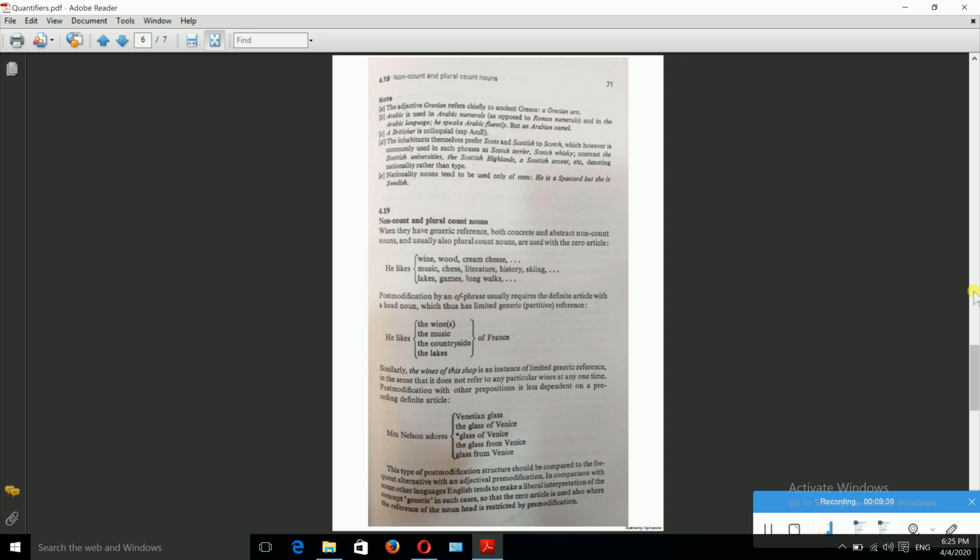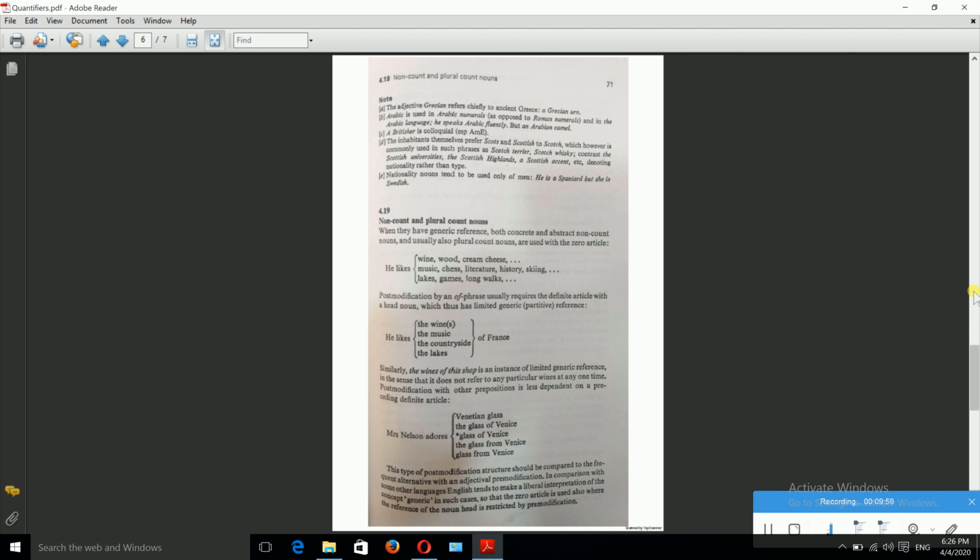He likes the wine, the music, the countryside, the lakes of France. Similarly, the wines of this shop is an instance of limited generic reference, in the sense that it doesn't refer to any particular wines at any one time.